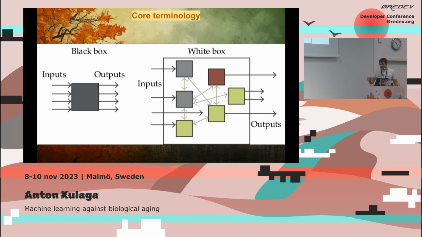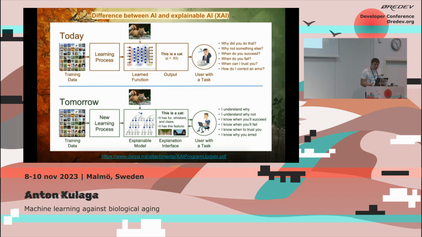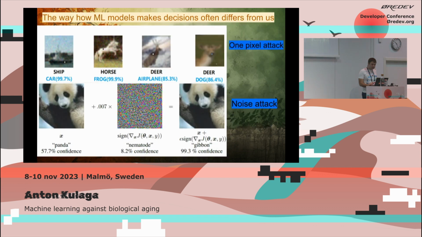You don't know why it makes this decision. And to cope with this problem, DARPA suggested this idea of explainable AI, when you have a special type of model. So you have your own model that makes the prediction, and you have a special model that uses the first model to explain how it makes the prediction and what influences it.